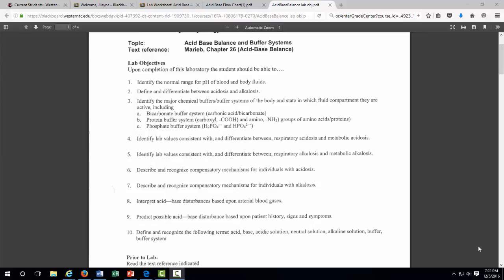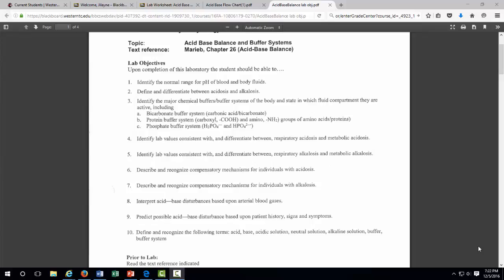So we've got the bicarbonate buffer system. We talked about that. Remember, carbon dioxide travels in the blood mostly as bicarbonate, and that transfer of CO2 forming carbonic acid and then releasing bicarbonate ion. Remember, the red blood cells have that special enzyme where that conversion occurs.